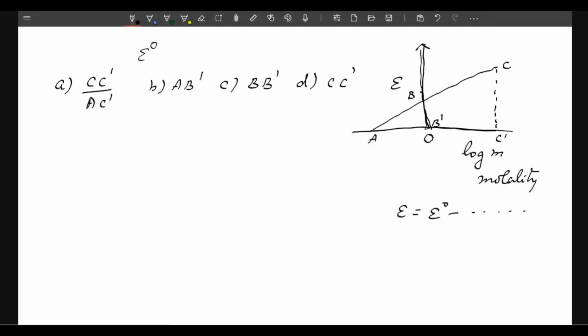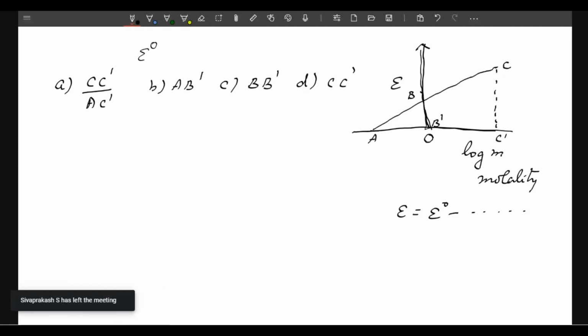Yesterday itself I told you what epsilon naught is. That is the standard state. At standard state, the concentration of the electrolyte should be 1 molar, and log of 1 is equal to 0.